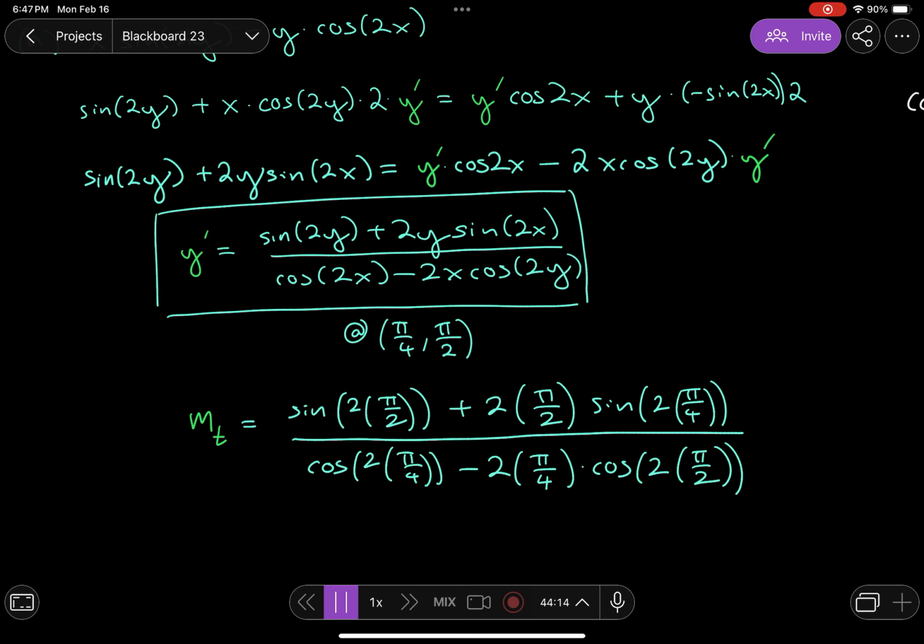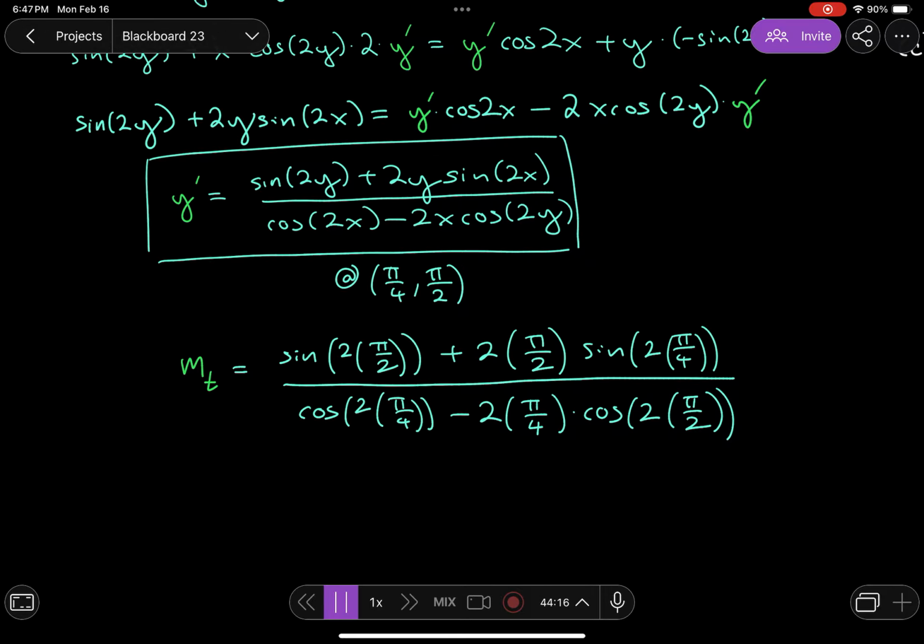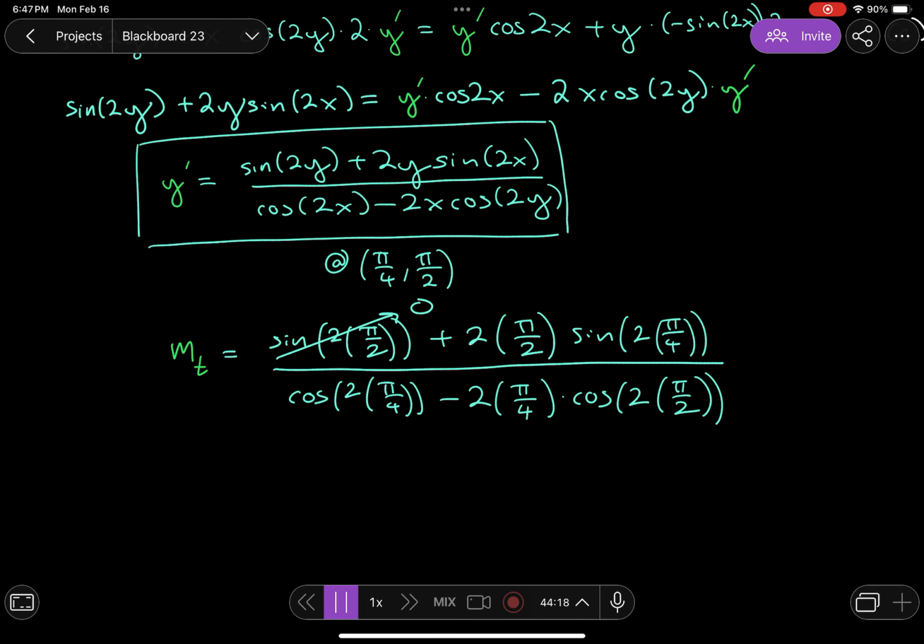All right, let's see if we know our trigonometry. We got the sine of pi, that's 0. We got the sine of pi halves, that's 1 right here. And then we have 0 plus pi, so my numerator is going to be pi. And then we have the cosine of pi halves, that's 0.